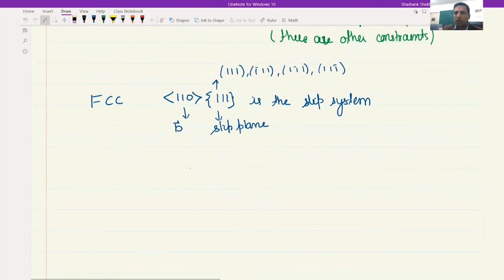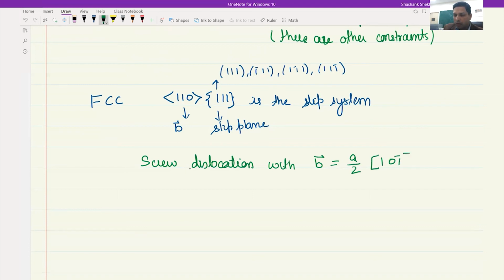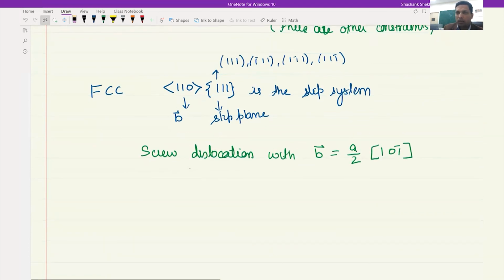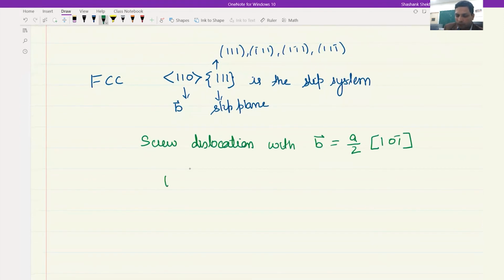So now with this information, let's say that you are given that there is a screw dislocation with Burgers vector equal to a by 2, 101 bar. Then what are the possible slip planes?